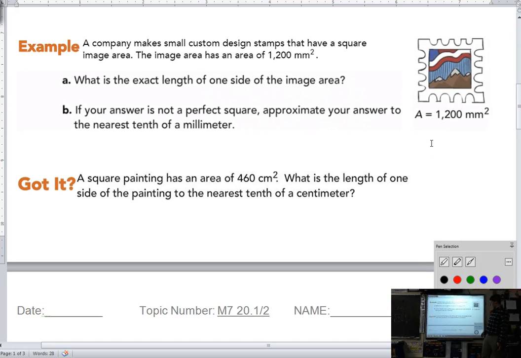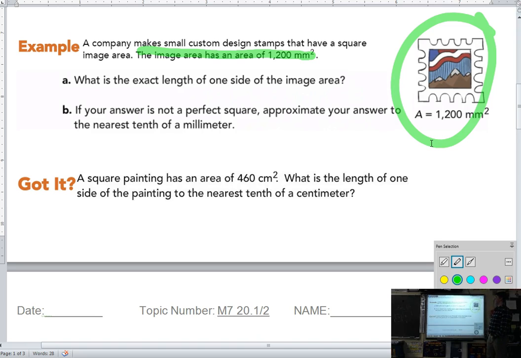Okay, so for this one, a company makes custom designs for stamps, and they have a square image area. The image has an area of 1,200.